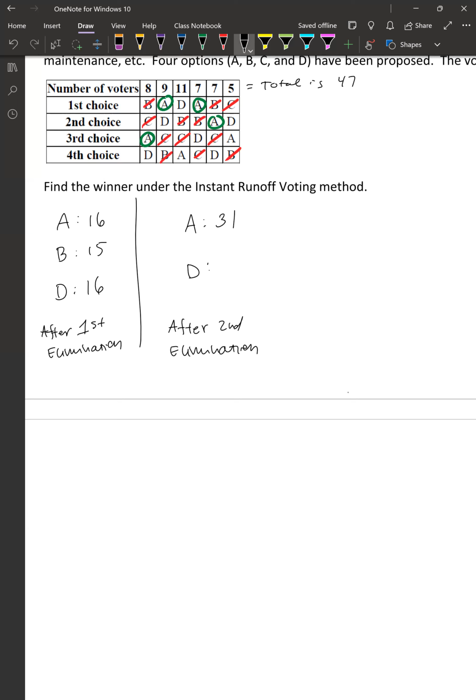And then D gets the rest of them. So what is that? That's 9 plus 11 plus 7 plus 5.